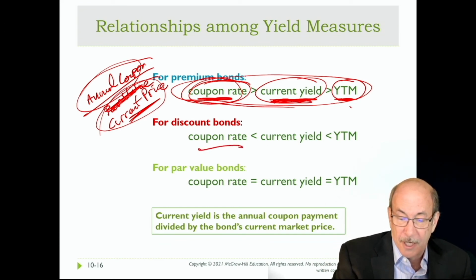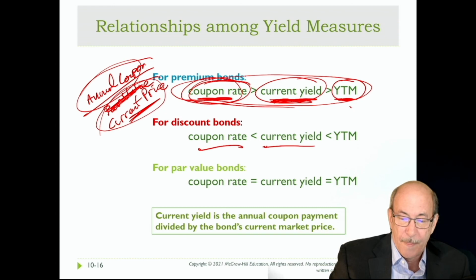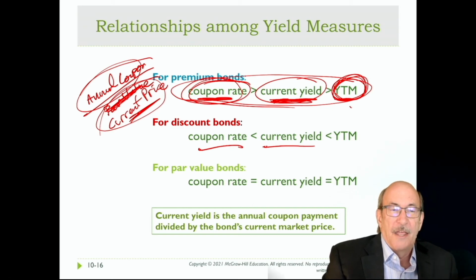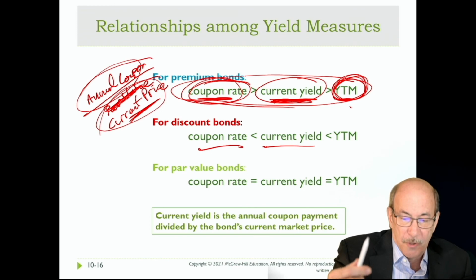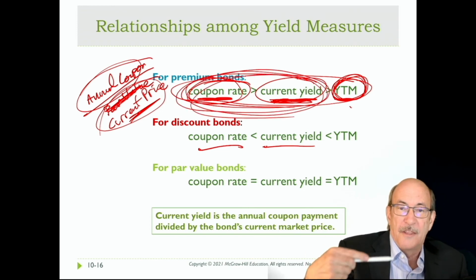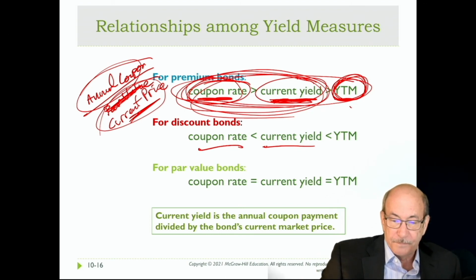Notice that the coupon rate is less than current yield, for the exact opposite reasons. Yield to maturity gets a little more complicated, but note that we're bringing in that additional cash flow that we're not considering in either of these two cases. We're bringing in that final repayment of the original principal of the bond.